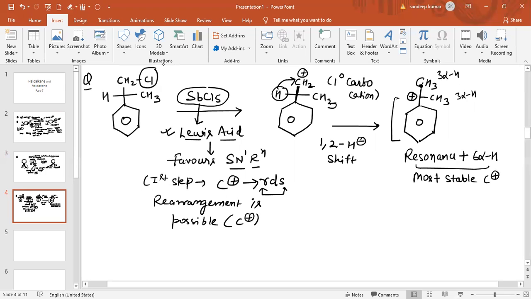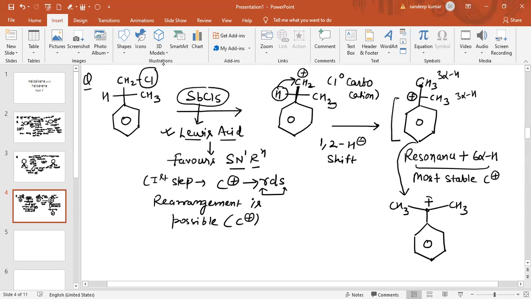Now what happens? The nucleophile will attack in the fast step. I am again drawing the same carbocation. This carbon has the positive charge, one CH3 on this and another CH3 also there.